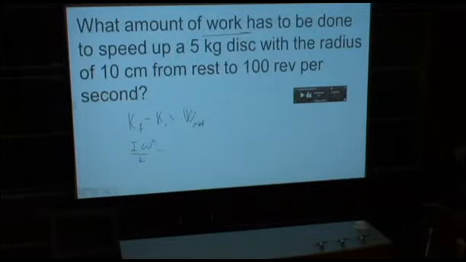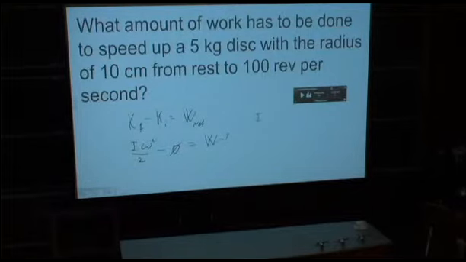The initial kinetic energy was 0 because it starts from rest. Nothing is moving, no kinetic energy. Now, that has to be equal to the work we are looking for.